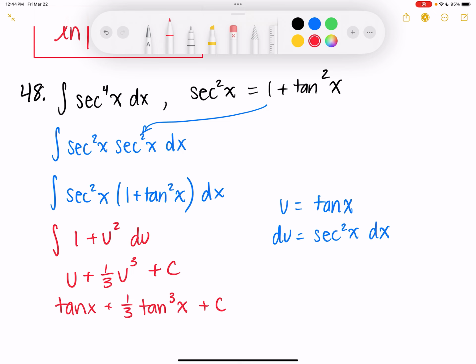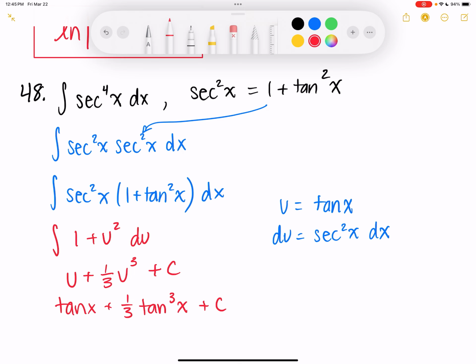Now, if this had been 2 tangent of x secant squared of x, then sure. But it wasn't. So you might have tried that and been like, oh, that didn't work, like in that one problem we did yesterday when we needed to rewrite something. And so basically, I'm just not letting you go down the rabbit trail that's not going to work right now for the sake of time because I'm trying to finish the section today.